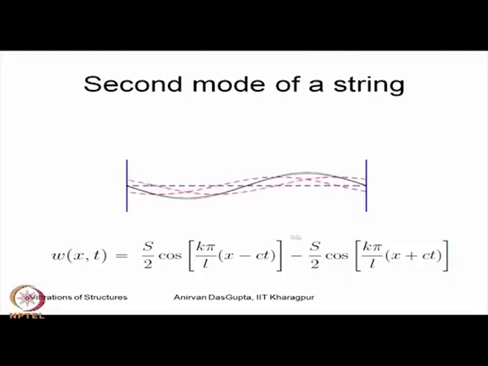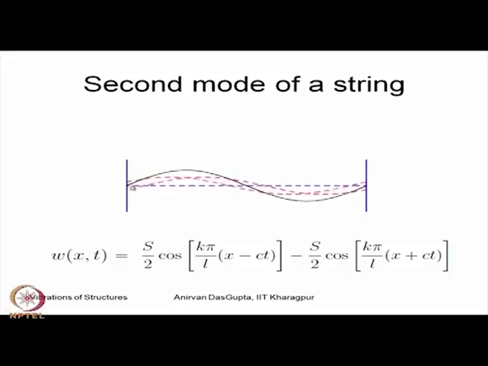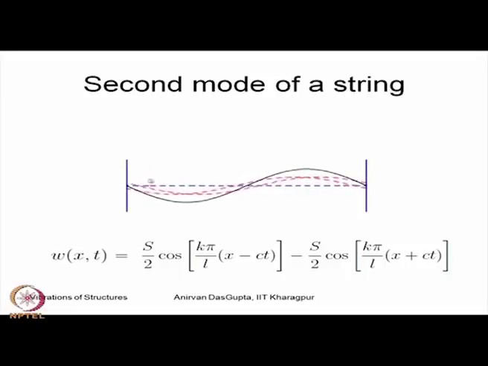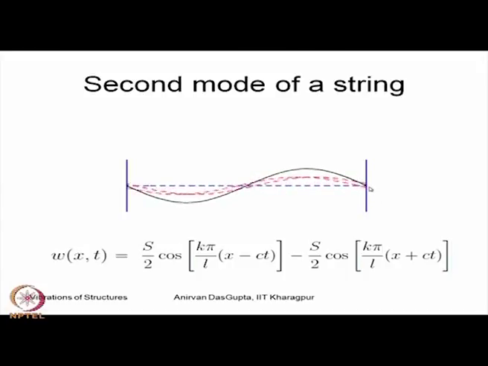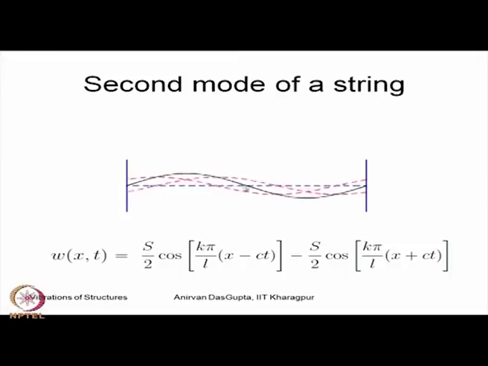The black curve shows the actual configuration of the string. If you follow this crest, then this is a negative travelling wave and there is a positive travelling wave. Now, these two waves do not satisfy the boundary conditions as you can see, but their superposition does. The superposition is shown in black.